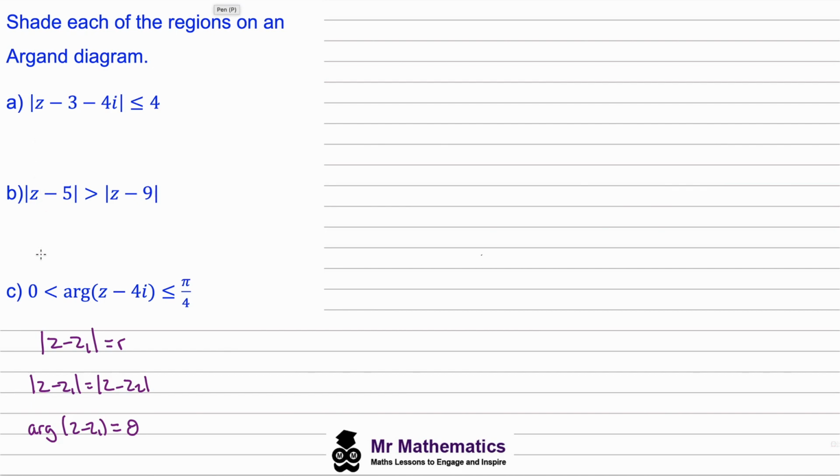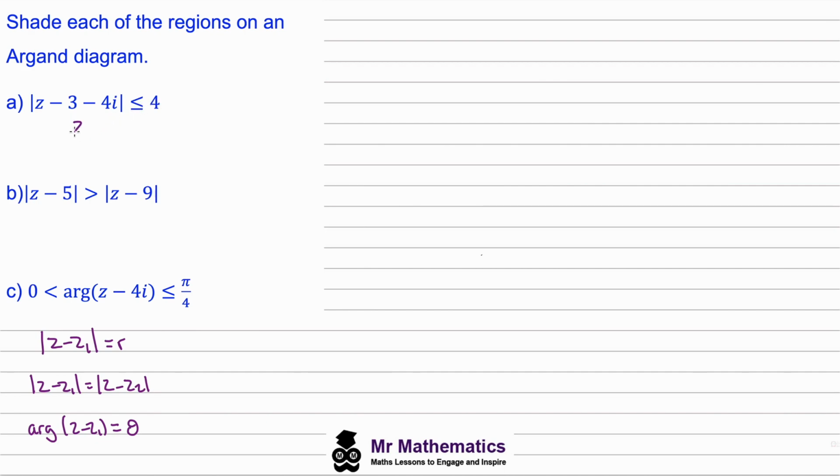And we're going to use these three properties to find the regions in which z can lie within these three statements. Okay, so if we look at example A, what this is telling us is that the distance between a general point on the complex plane z and a fixed point given here must always be less than or equal to 4.